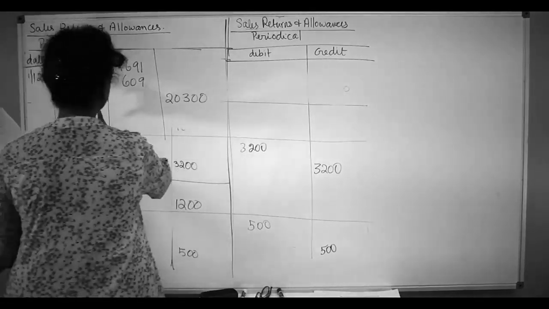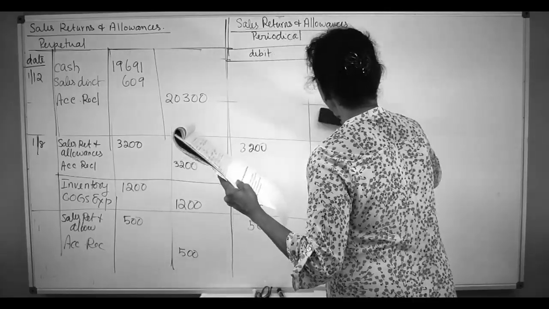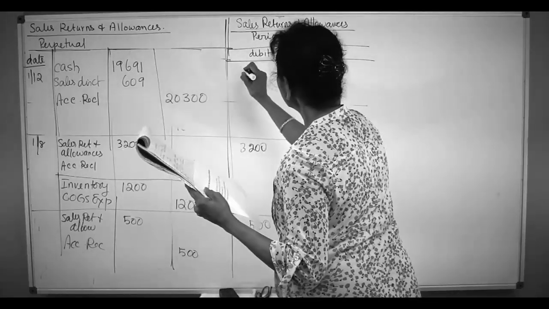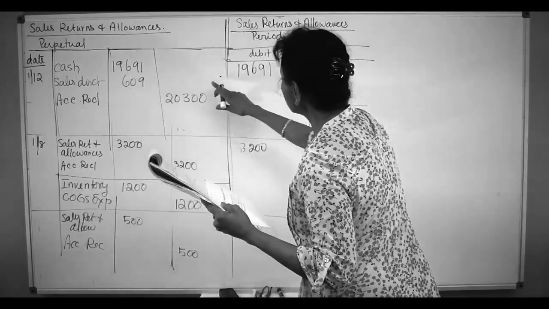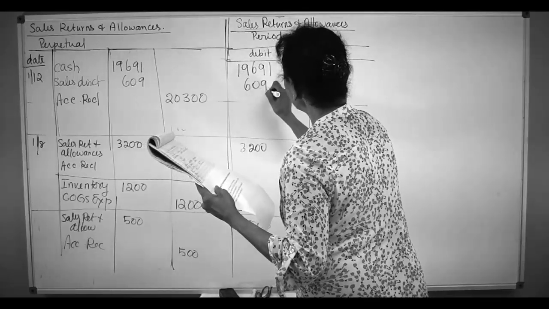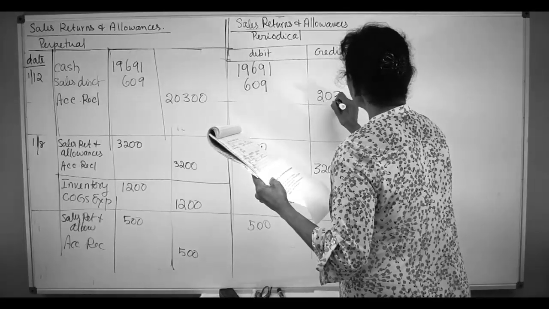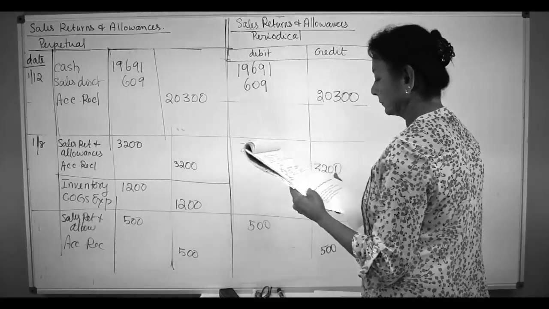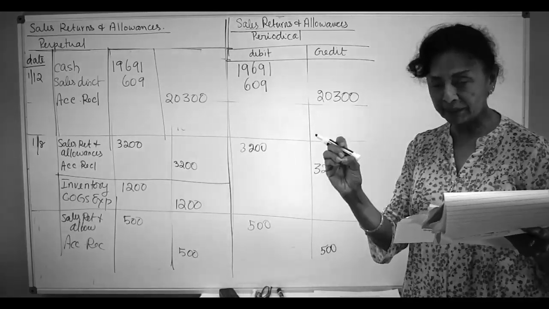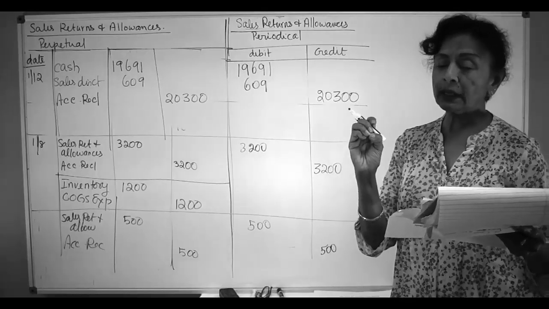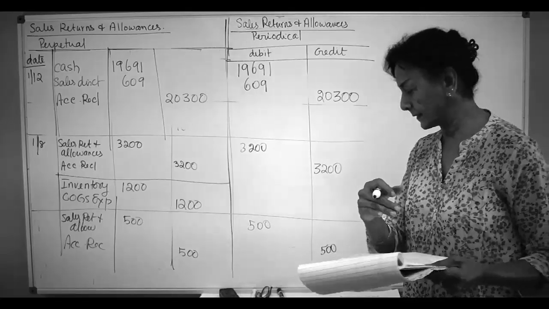So this entry will be the same for the periodical too. So you will debit cash 19,691, you will debit sales discount 609, and you will credit the accounts receivable 20,300. So as you can see, remember, only the inventory and the cost of goods sold expense were not updated for these returns and allowances.